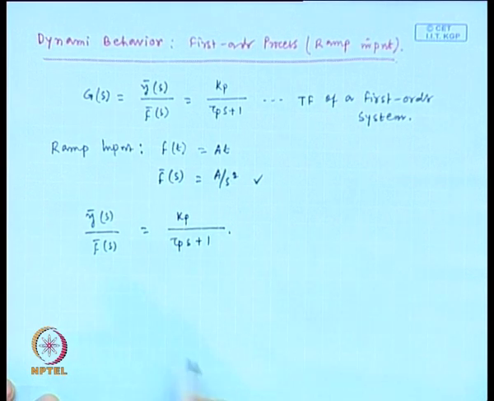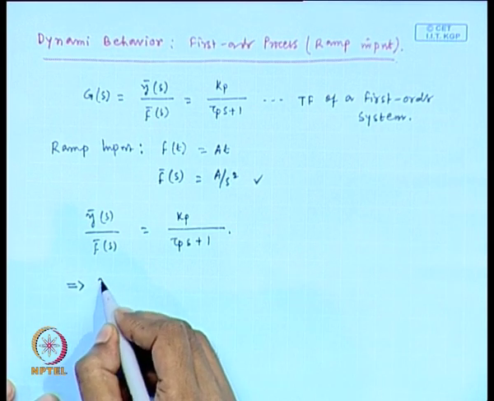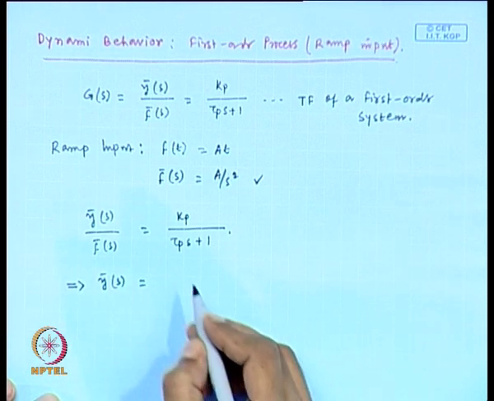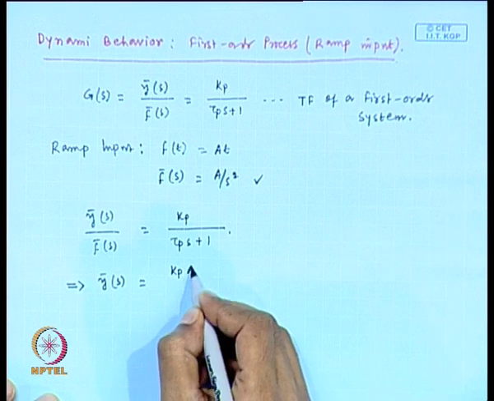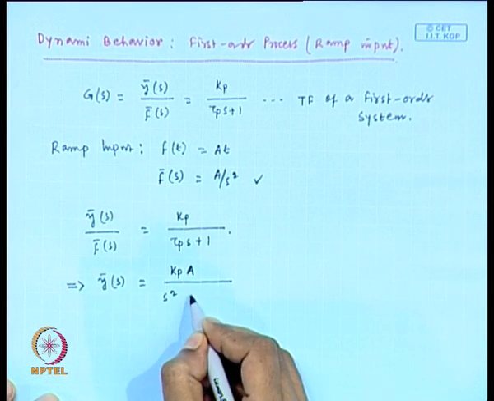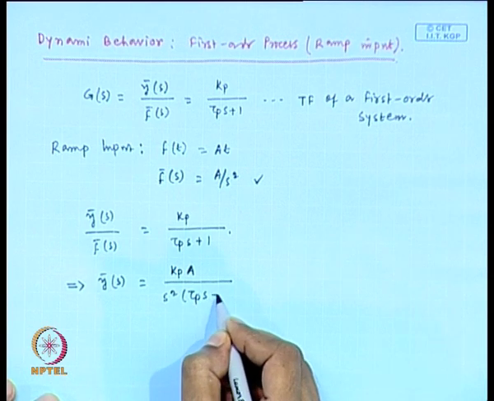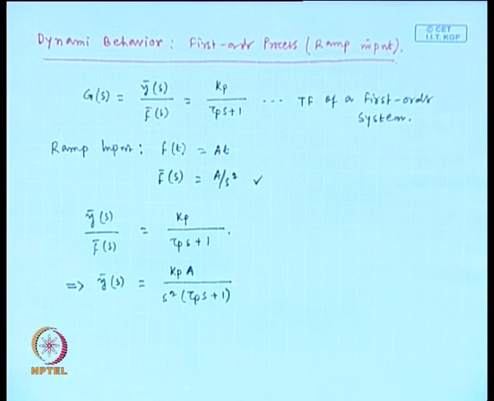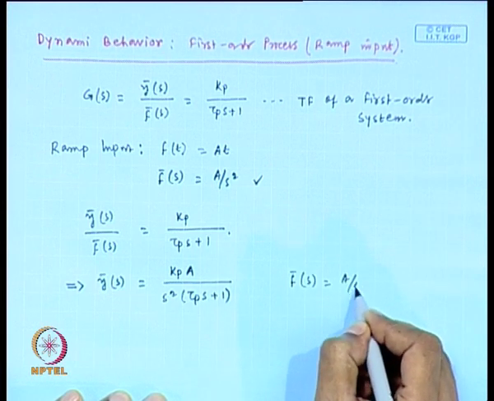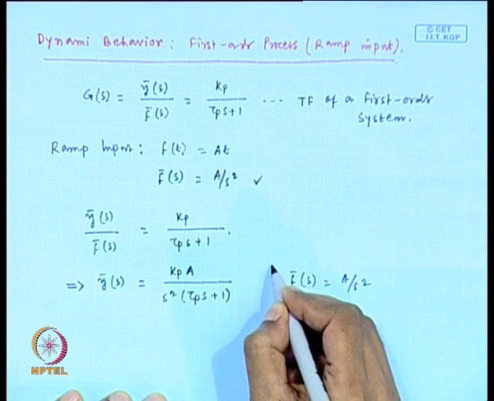If we consider f bar s equal to a by s square, then the output in s domain becomes K p a divided by s square times tau p s plus 1. Got it? Considering f s equal to a divided by s square.